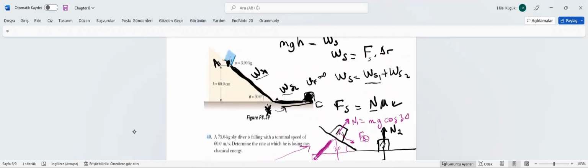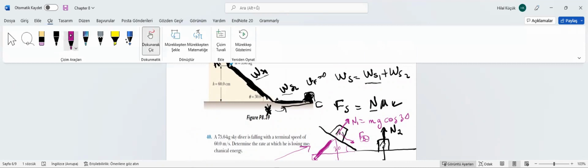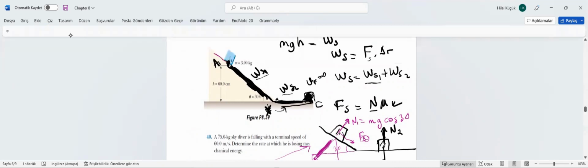Should I know this part? Of course, I have to understand this part. What's the Fs? This is Fs. Distance, displacement, and force must be parallel. This one, I have to take that part. I know this is 60 centimeter.